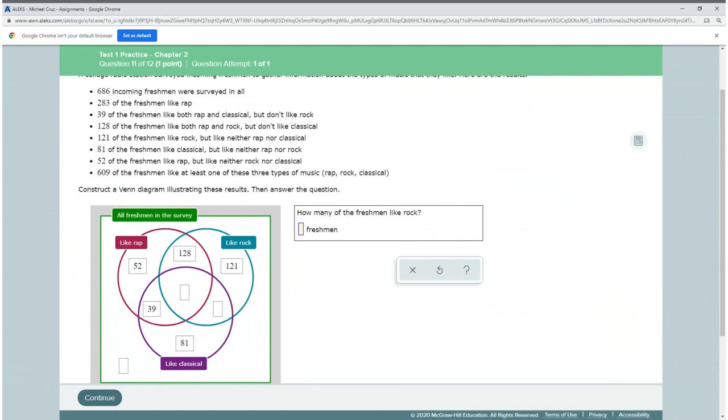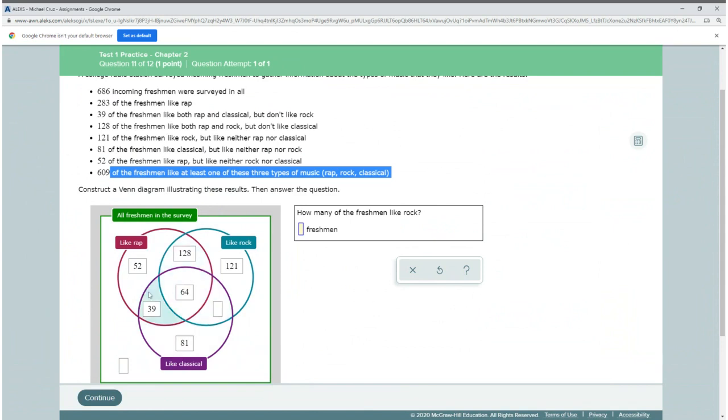All right, so where's another one we haven't used? This is the one we're going to need now. 609 like at least one of these types of music. So that means all of these have to add up to 609. What's the quickest way to do this?